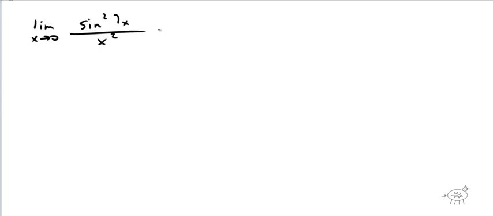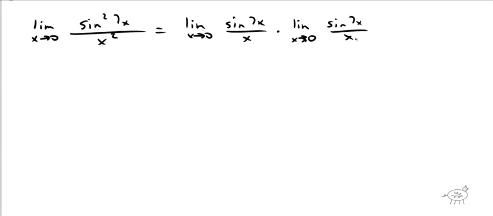But what you can do is write this as the limit as x approaches 0 of sine of 7x over x, times the limit as x approaches 0 of sine of 7x over x. So we've got everything there now.